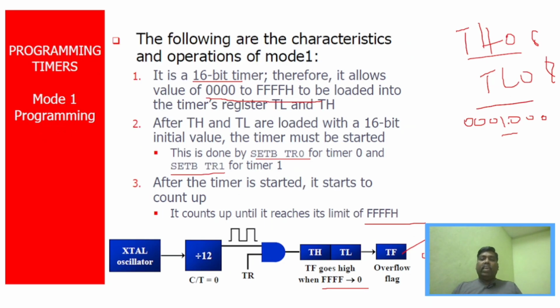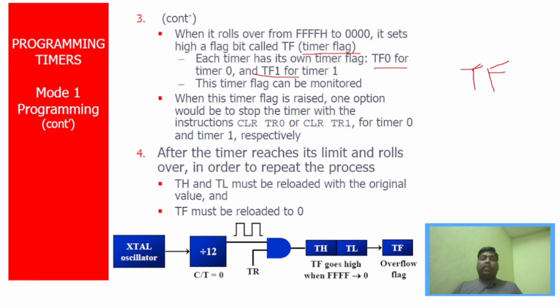Just as we enabled it by setting TR0, similarly we can clear that bit: CLR TR0 for timer 0, and CLR TR1 for timer 1. Once the TF is enabled and the timer is stopped, we have to reset the complete operation so that it produces the next count, that is, it will repeat the same process.